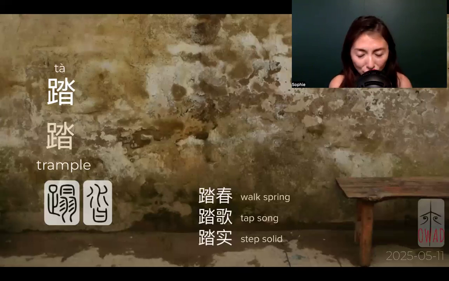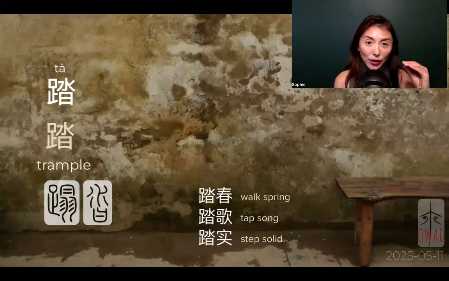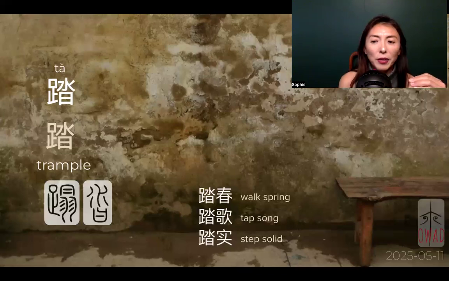All right, 踏实. Now the sound changes because 踏实 is describing somebody who is stepping on the ground to gain a solid footing before moving forward. So 踏实 describes somebody who really did their homework.